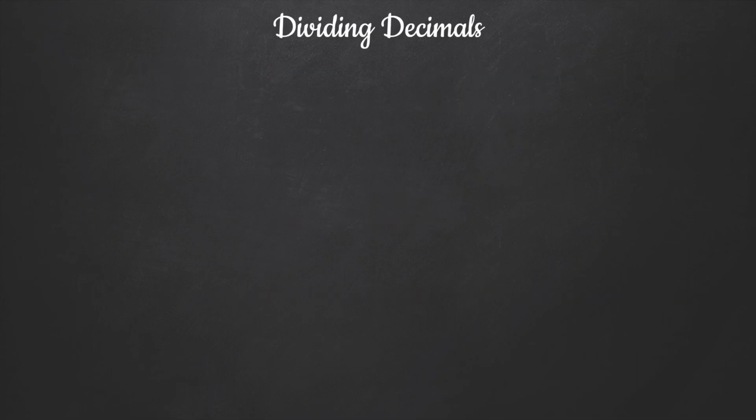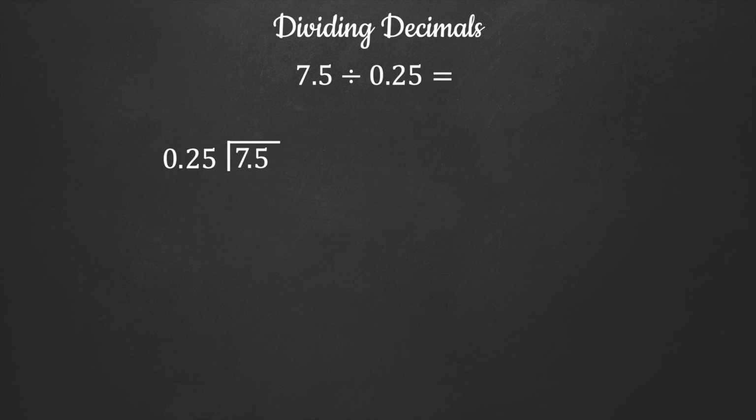Now let's go ahead and divide. We're going to take 7.5 and divide that by 0.25. And remember that when our divisor is a decimal, we're going to have to multiply it so that it's a whole number. And in this case, we need to move our decimal point 2 spaces to the right. So multiplying it by just 10 will not be enough.